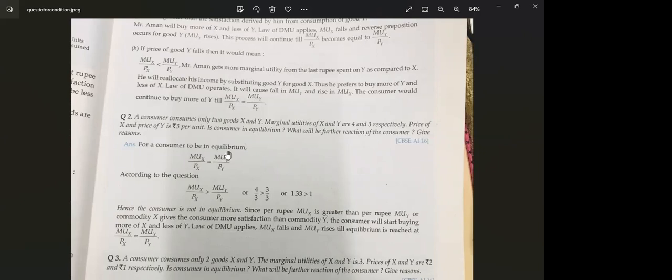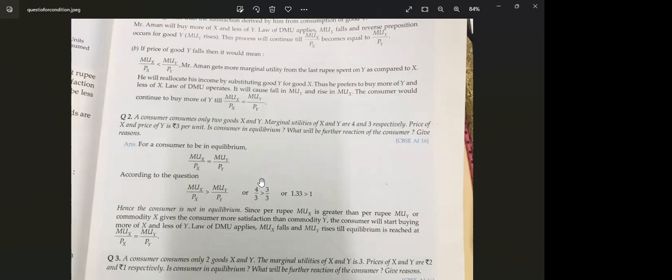Give reason. First of all, you will write given. Then you will write for consumer equilibrium, this should be the situation. What was your MUx? It was 4. So 4 upon 3, and for y it was 3 upon 3. When you solve it, you will get 1.33 and here you get 1. So 1.33 is more than 1. So this is a case where MUx upon Px is greater than MUy upon Py. Then you know the procedure.